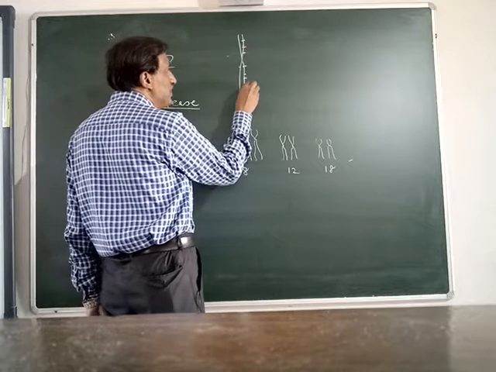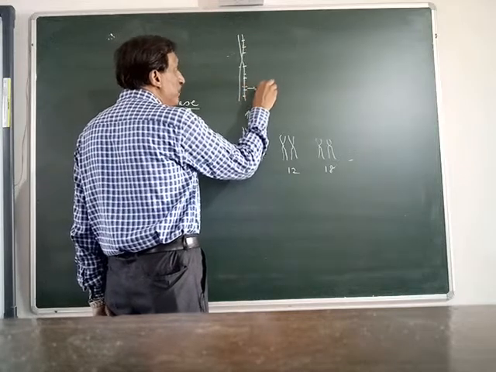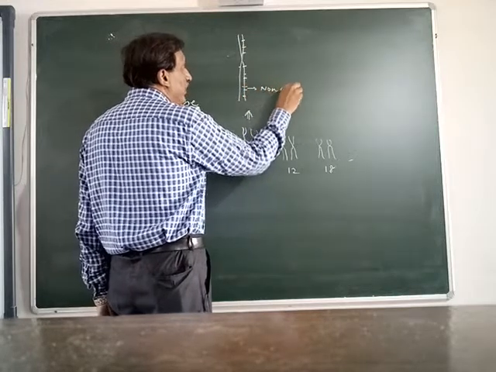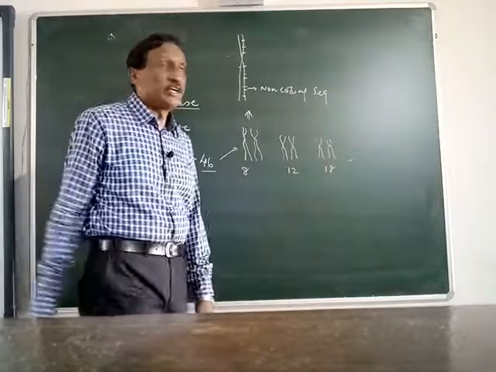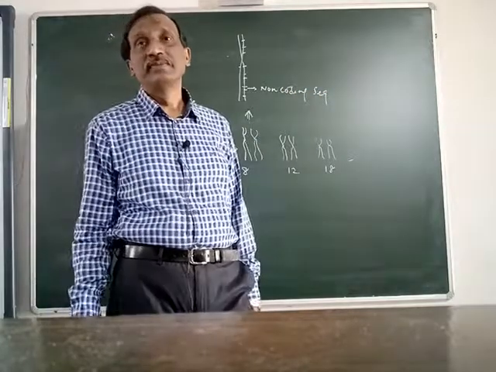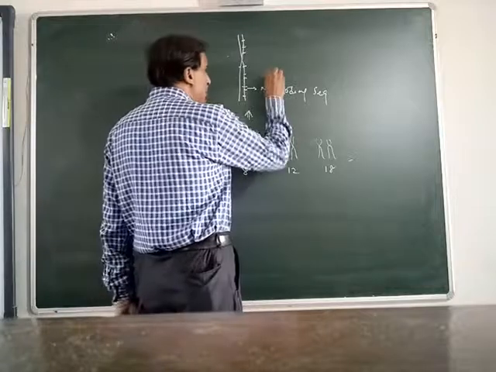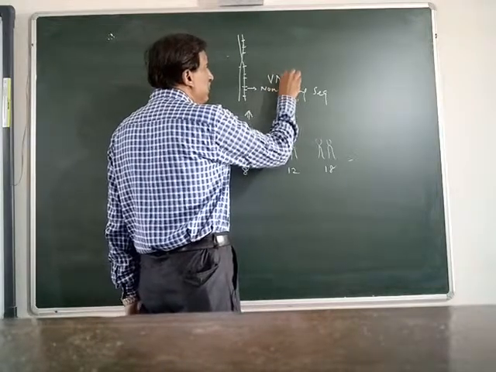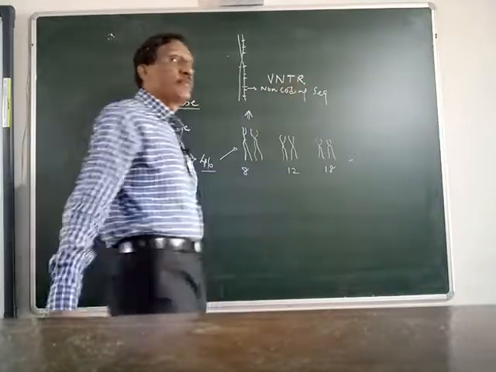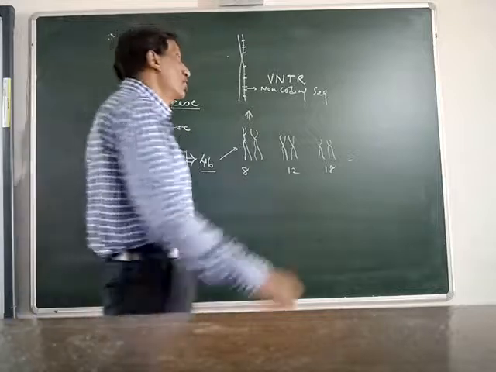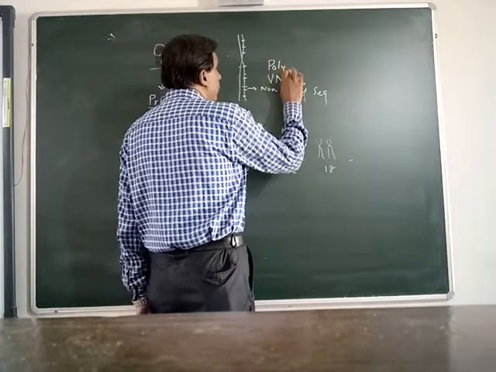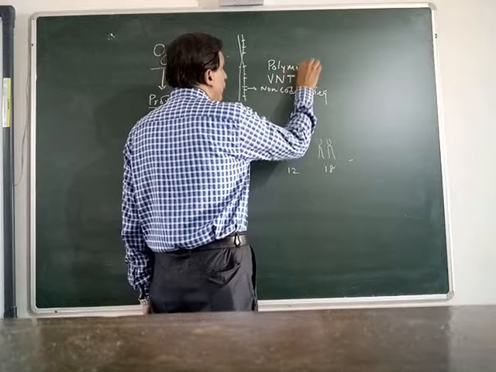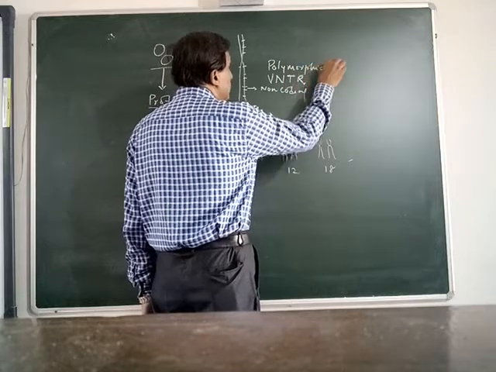Between these genes are non-coding segments. These segments are not a part of any gene. They are also known as variable number tandem repeats, or they are also called polymorphic segments.